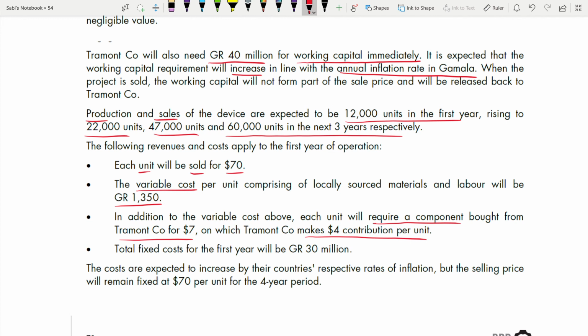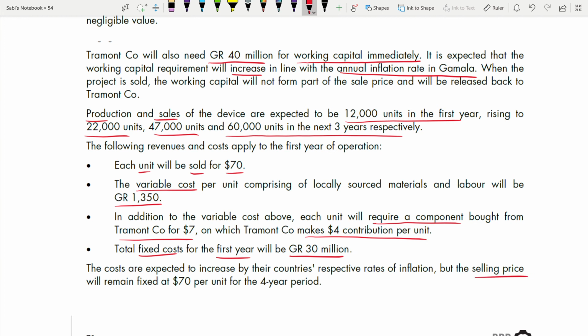Total fixed cost for the first year will be 30 million. Everything is in one currency, in Gamalian, so that is one good thing, that you just have to convert everything to dollar. The costs are expected to increase by their country's respective rates of inflation, but the selling price will remain fixed at 70 per unit for the 4-year period.